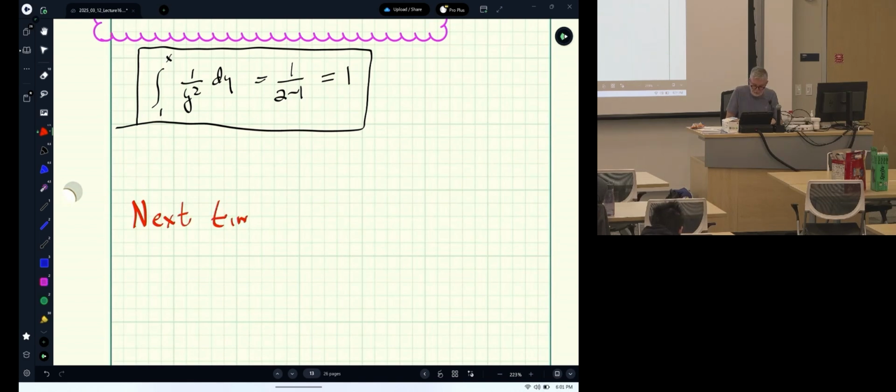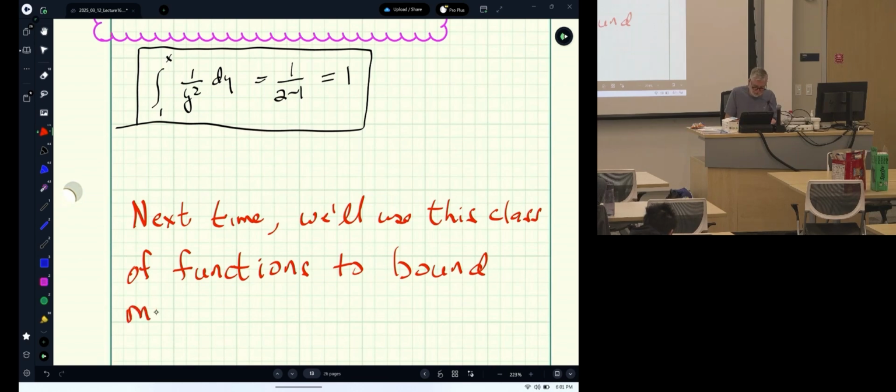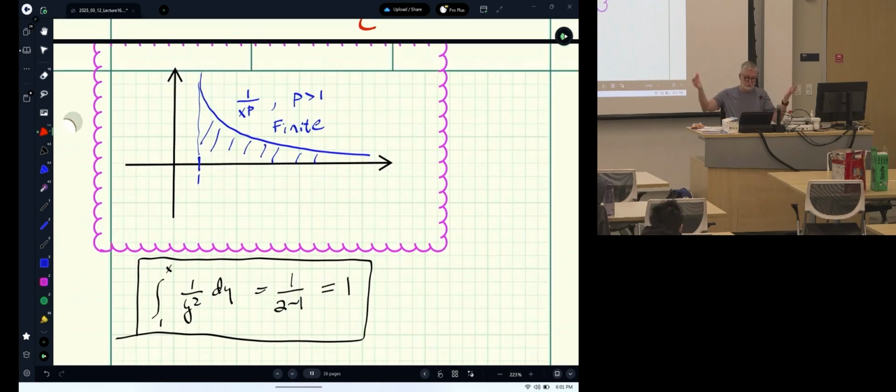Next time, we're going to wrap it up here. Next time, we'll use this class of functions to bound more interesting functions. And so if we can upper bound it by something like 1 over x to the p, where p is bigger than 1, boom.